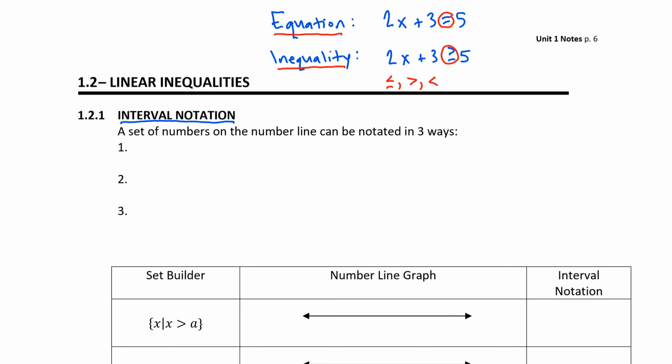A set of numbers on the number line can be notated in three different ways. The first is called Setbuilder Notation. The second is a number line graph.